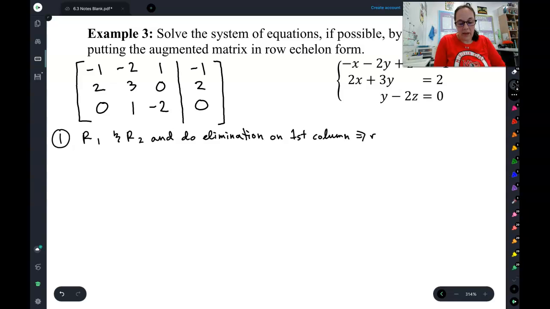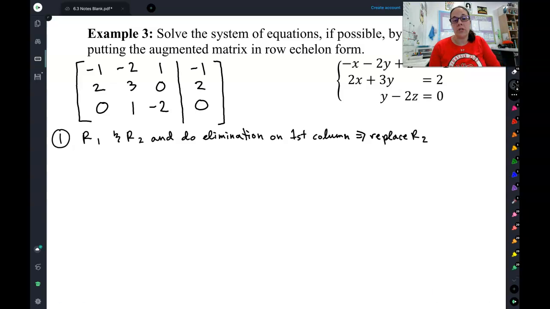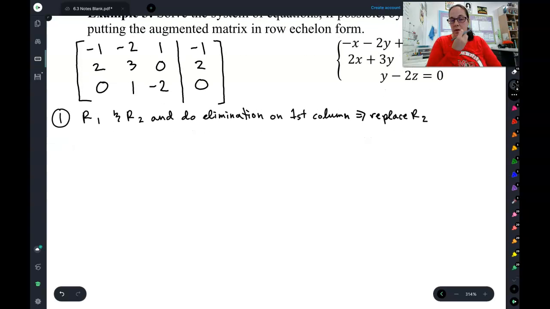And we replaced row 2 with that answer. So that was the first step that we did in the first video. So you're going to take row 1 and row 2, do elimination on the first column, and replace row 2 with that answer. So I'm going to have you pause the video, try that out on your own.